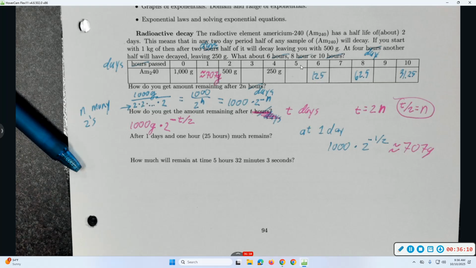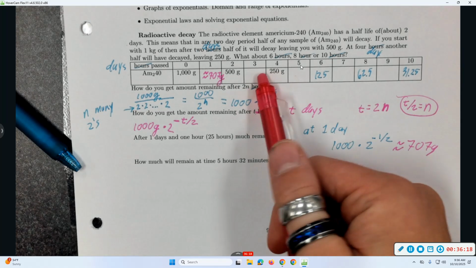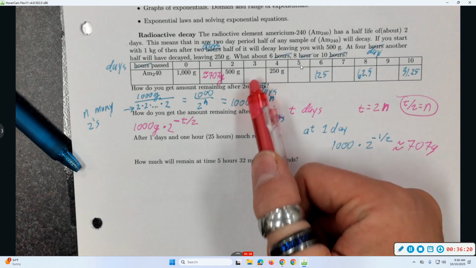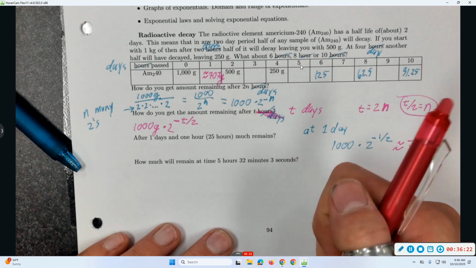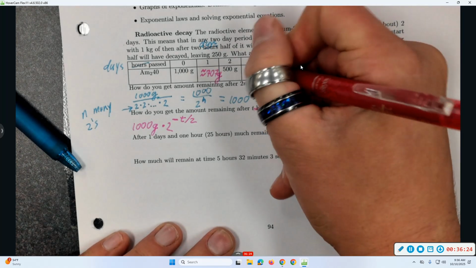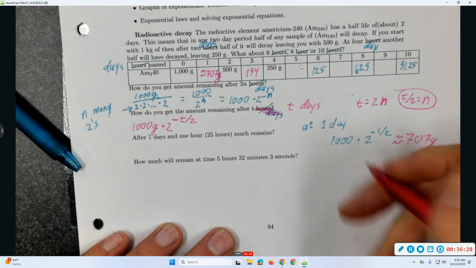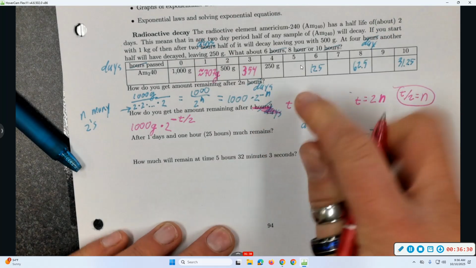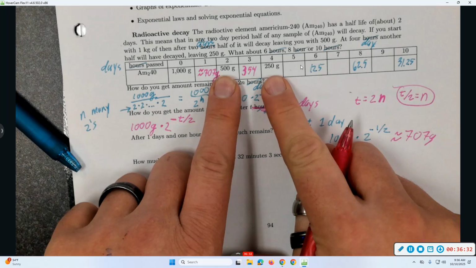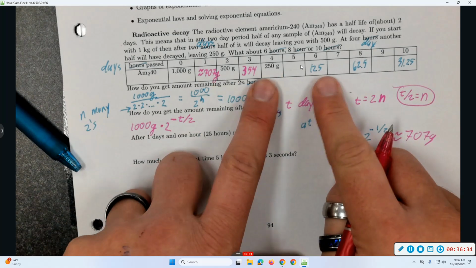I guess this is a less exciting exercise for those who don't carry computer machines on them. So let's fill these in. At t equals 3 days. 354. It probably should be somewhere between 500 and 250. All right, at t equals 5 days.